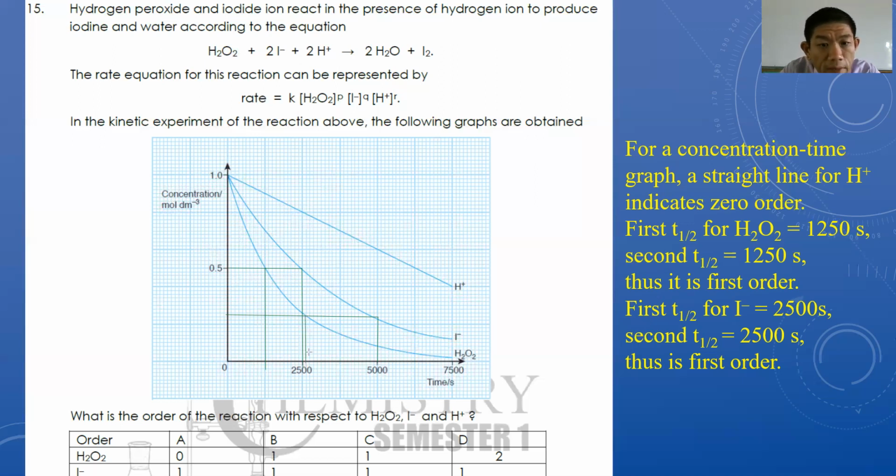So you can see from the graph that both I minus and H2O2 are first order. So that is why it is 0 order for H plus, first order for I minus, and also first order for H2O2. So the best answer in here will be C. B, sorry, B, because I cannot see the bottom there. Okay, B. So that is for number 15.